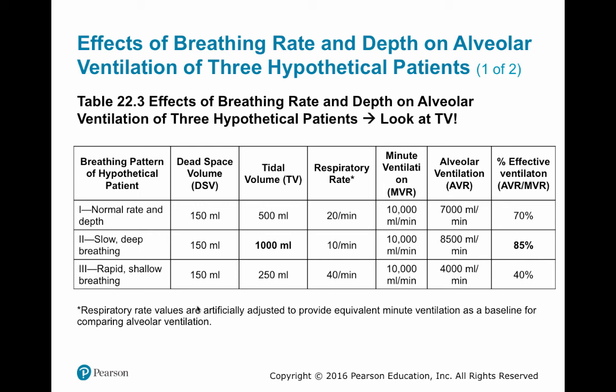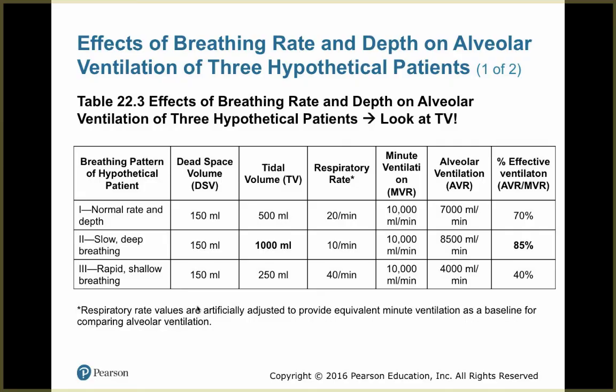And so this kind of gives you an idea of effective breathing rates and depth of alveolars for 3 hypothetical patients. And what I want you to do here is basically look at the tidal volumes on here, right? So here's a normal rate, a normal depth where you have 500. But here where you have slow, deep breathing, your tidal volume changes drastically. Here's rapid, shallow breathing. So you can see how, even though you are breathing essentially less, like it's showing your respiratory rates earlier, right?